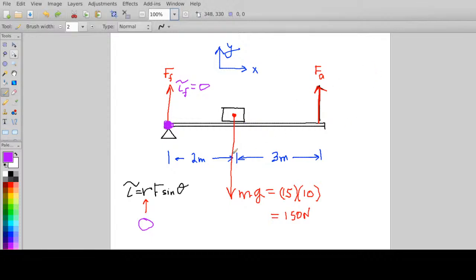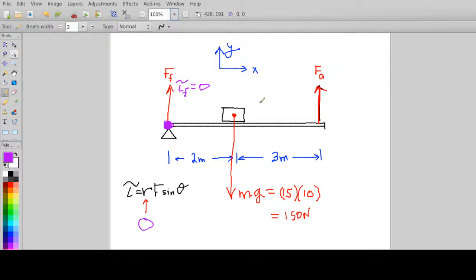And the other thing you'll notice is that these two forces, so imagine that you allow the object to rotate around that axis of rotation. The fulcrum force wants to make the lever turn this way. So what direction is that? That's counterclockwise.